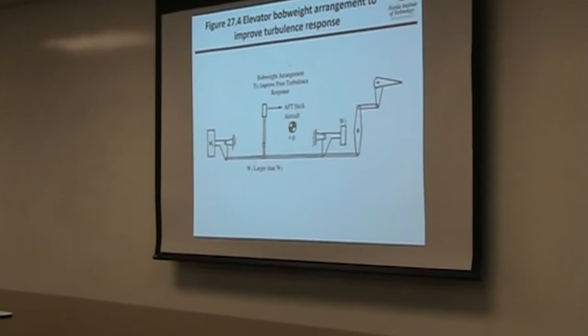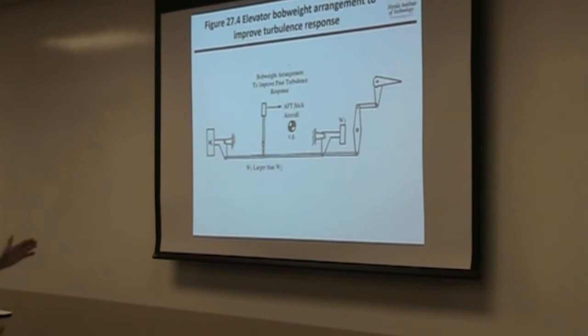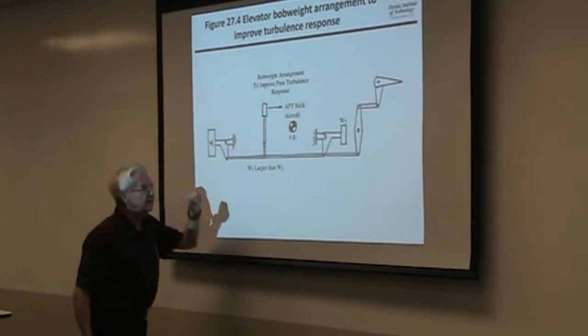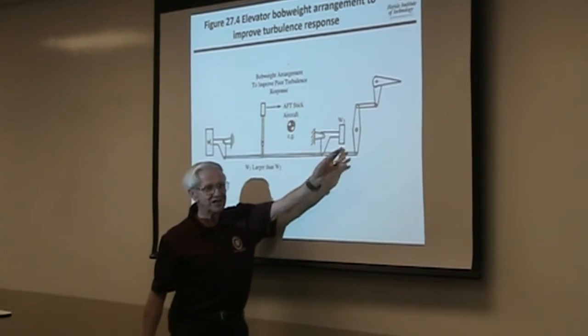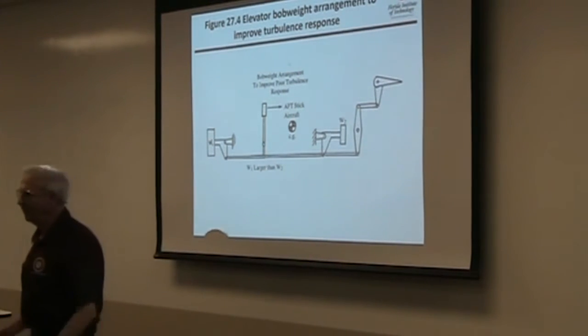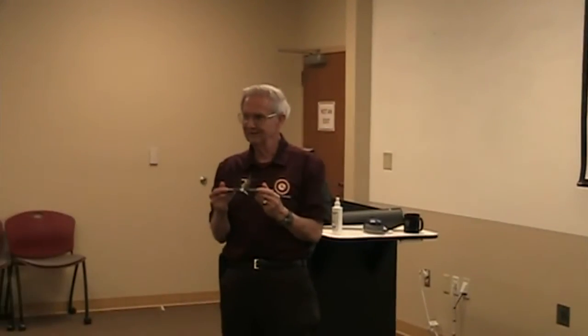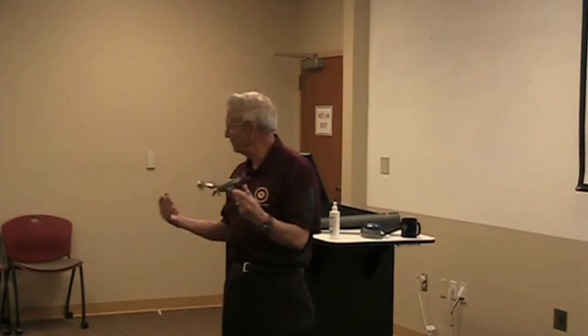They used this kind of an arrangement where we have a weight up here ahead of the CG. This is probably the heavy weight. And here after the CG, we have one that's opposing. So what's happened when you're in turbulence there? It damps it out, see? So that's the reason for doing this kind of arrangement.